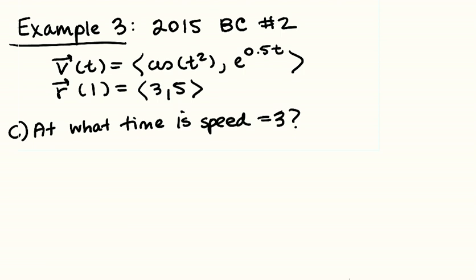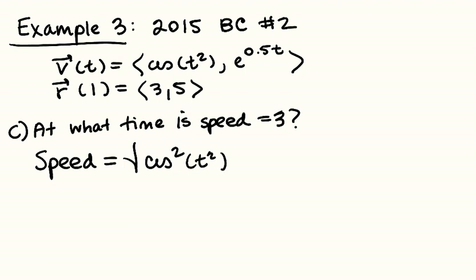Part C asks, at what time is the speed equal to 3? Okay, well, I know that speed is the square root of dx/dt squared plus dy/dt squared. So over here, I'm going to say this is cosine squared of t squared plus e to the 0.5t squared.